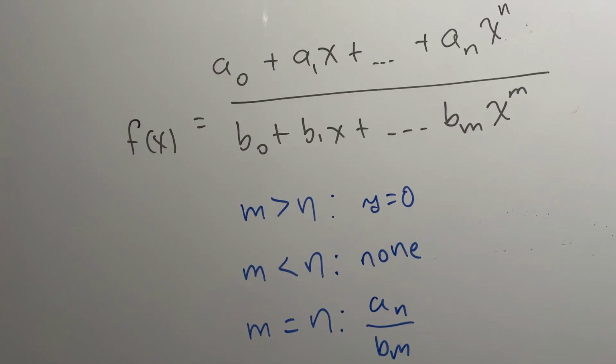To find the horizontal asymptotes of a rational function, we'll have three possibilities depending on whether each of the conditions is fulfilled.